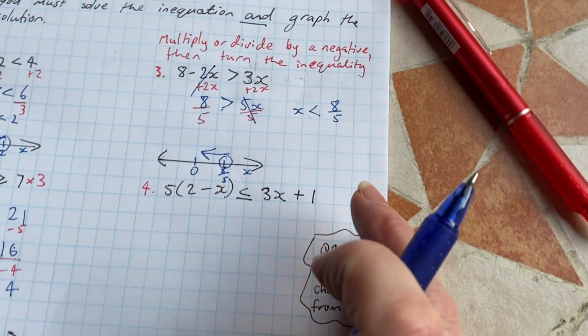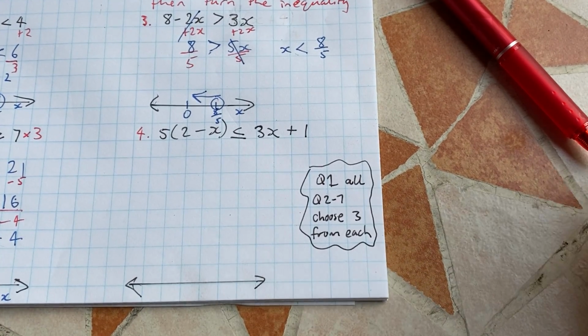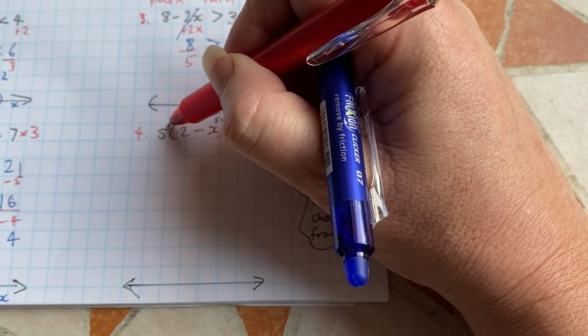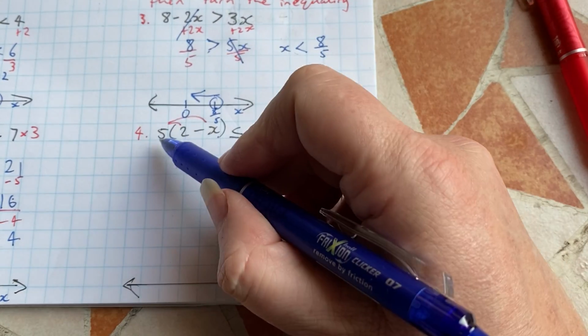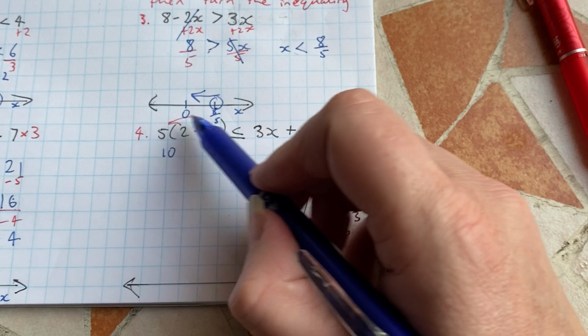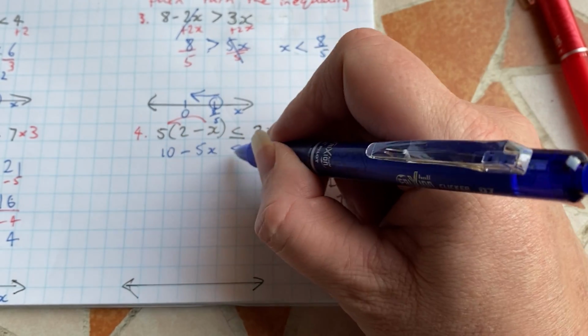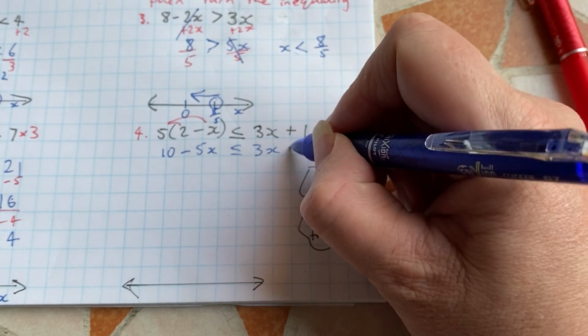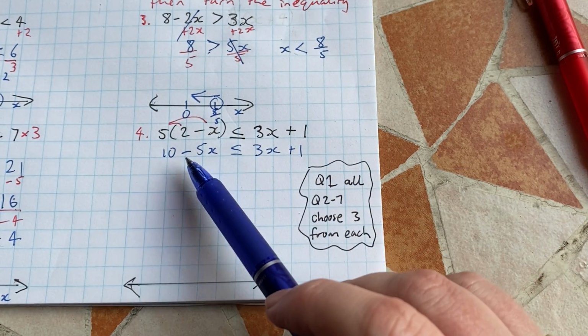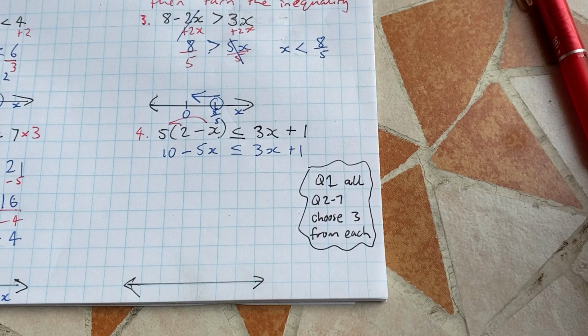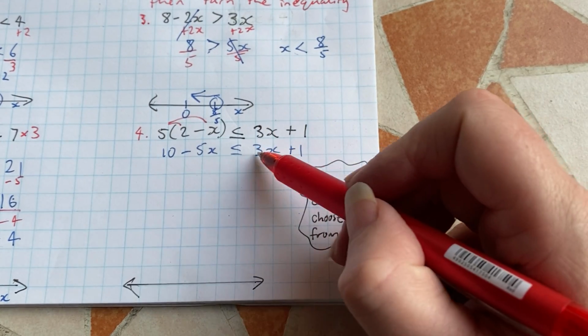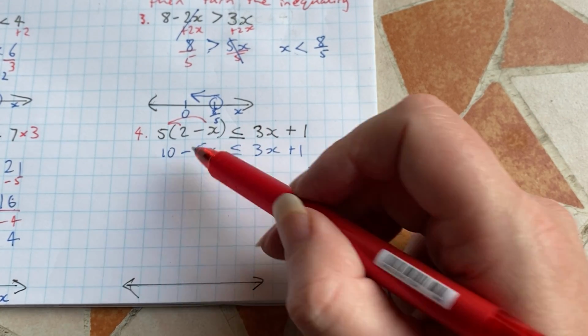One more equation. So we've got brackets again. We need to start by expanding the brackets. So 5 times 2 is 10. 5 times minus x is minus 5x. Less than or equal to 3x plus 1. Okay, so we've got an x on each side. So we've got a choice. We could minus 3x, but that'll give us a negative.